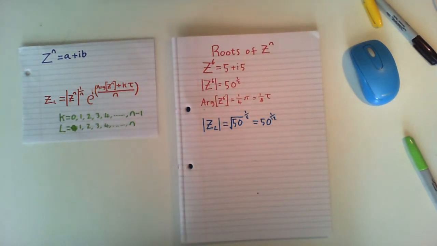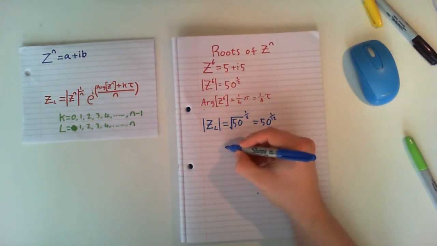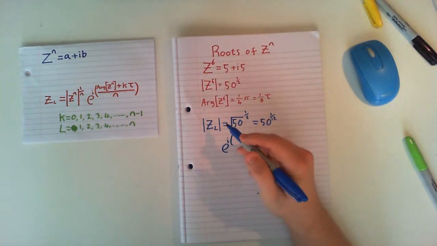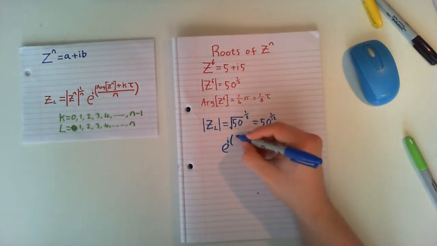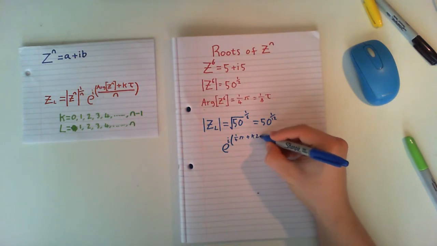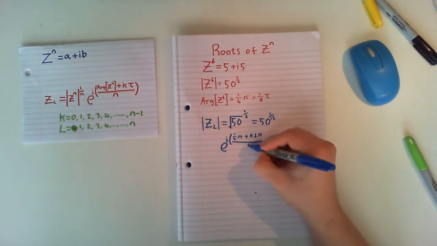Now we get to the harder bit. So we'll just deal with our e to the i term for a start. And we'll have our e to the i, and now we have our argument, which is 1/4 pi plus k 2 pi, and this is all over 6.